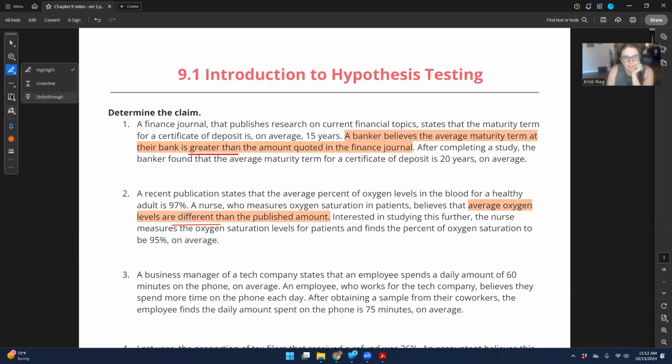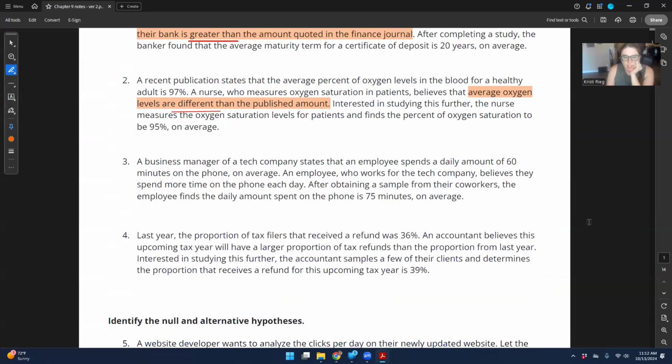Okay, let's look at 2 more. A business manager of a tech company states that an employee spends a daily amount of 60 minutes on the phone on average. An employee who works for the tech company believes they spend more time on the phone each day. So we have our statement and what they believe: spending more time each day on the phone.